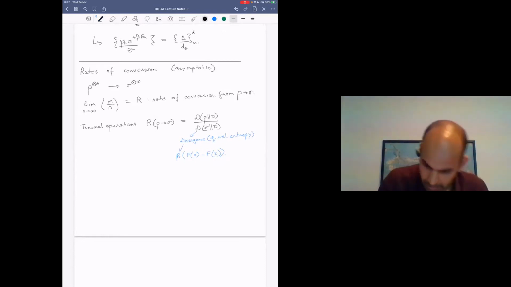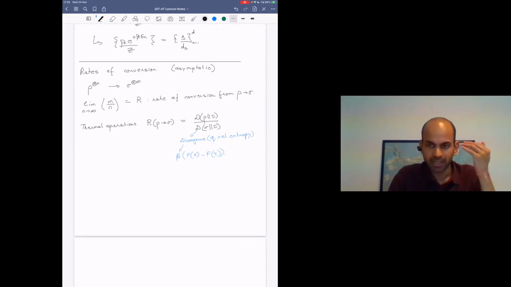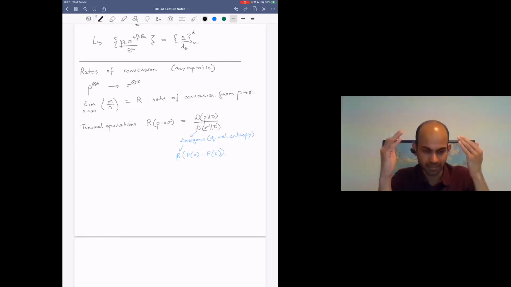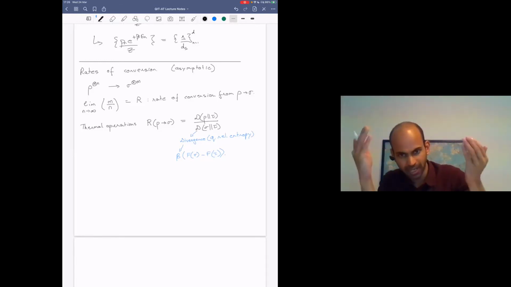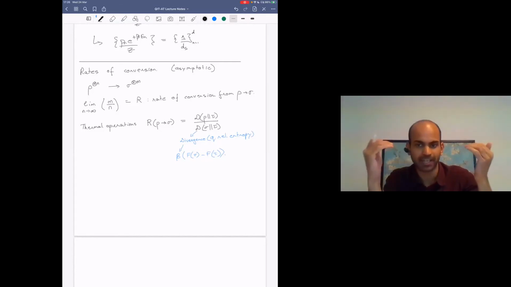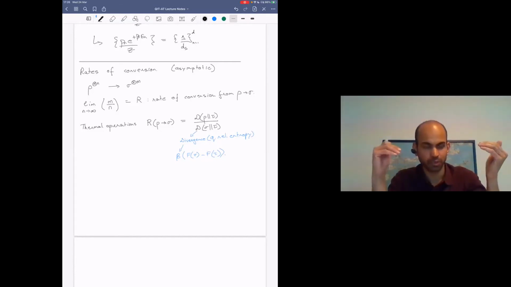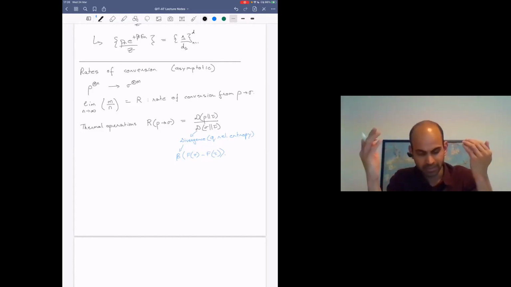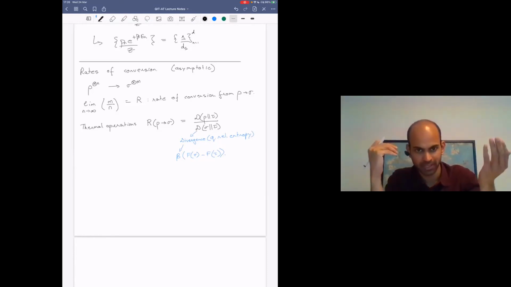So this is now something more useful than the resource theories we've discussed before, because in every one of the resource theories we discussed before, we ended up with a pre-order, which was the case that some states that we got at the end of the resource theory were not actually comparable. Majorization is a pre-order in the sense that for some vectors, neither x majorizes y nor y majorizes x.